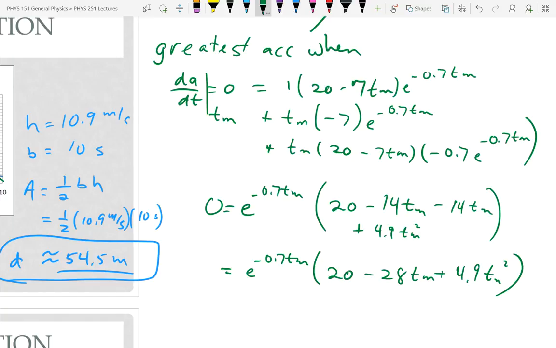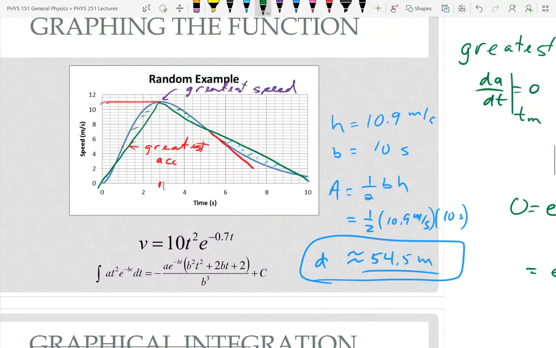The quadratic will have two solutions, and I would just put 28 plus or minus the square root of 28 squared minus 4 times 20 times 4.9, all over 2 times 4.9, and it would give me two additional times.